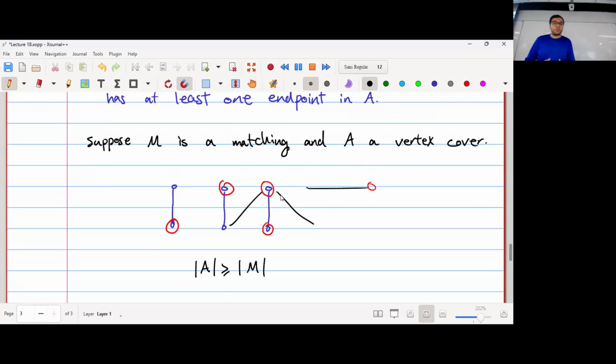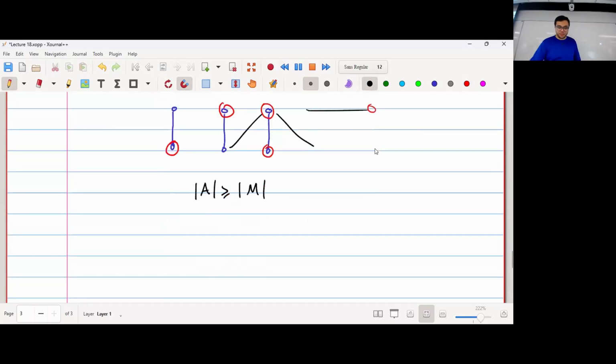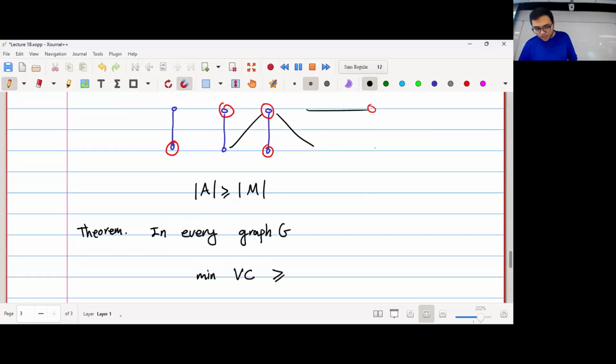So it also holds for a minimum vertex cover and a maximum matching. This is the theorem that we just proved. The theorem is that in every graph G, minimum vertex cover is greater than or equal to maximum matching. I mean the size, of course.